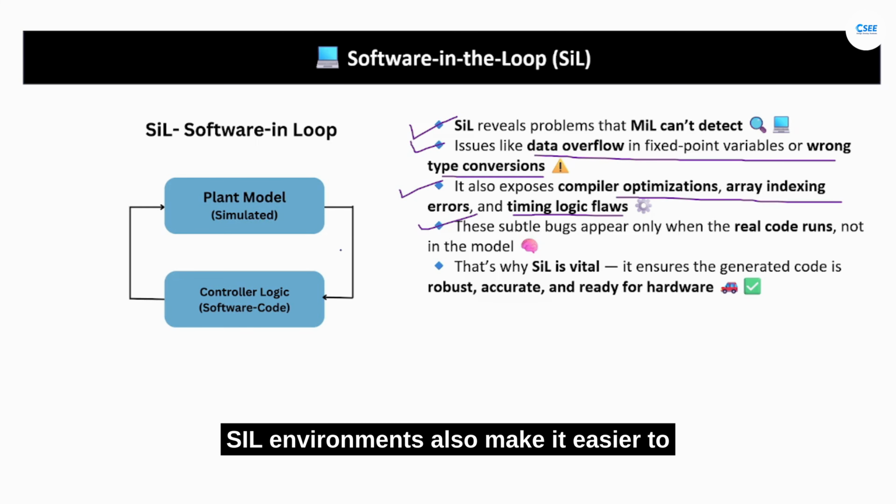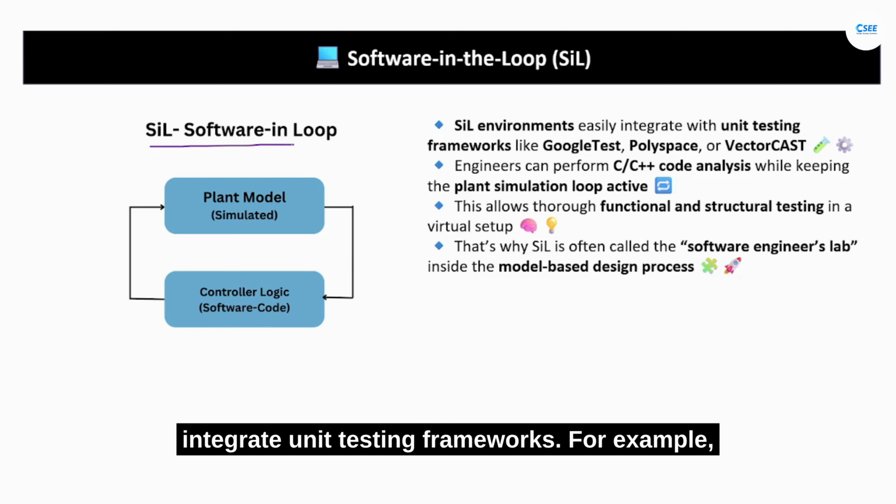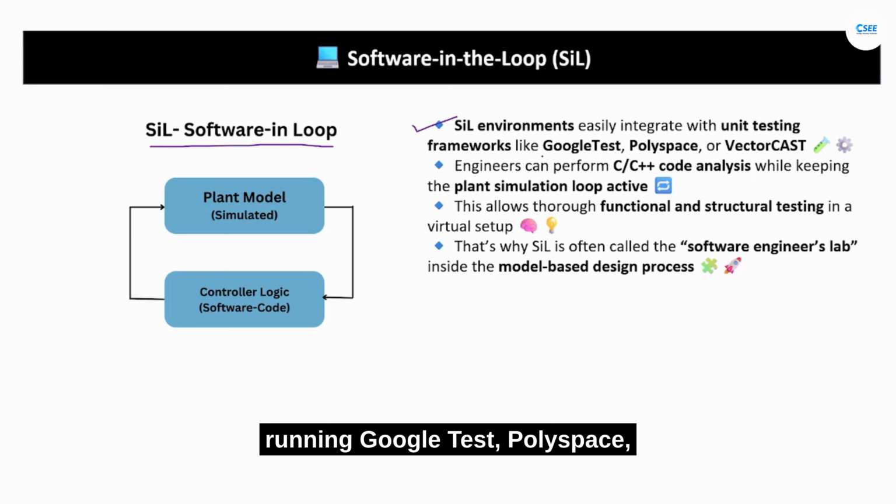SIL environments also make it easier to integrate unit testing frameworks. For example, running Google Test, Polyspace, or VectorCAST for C code analysis while keeping the simulated plant loop active. That's why SIL is often considered the software engineer's lab inside the model-based design process.